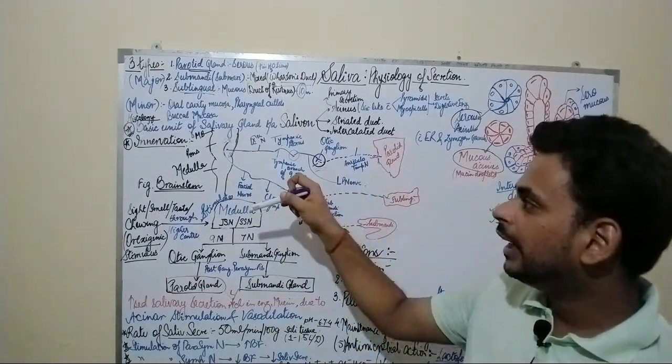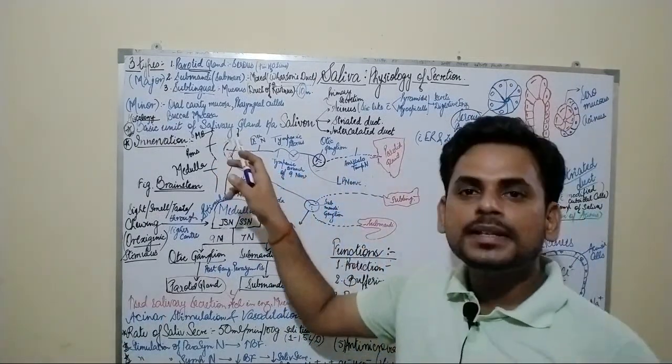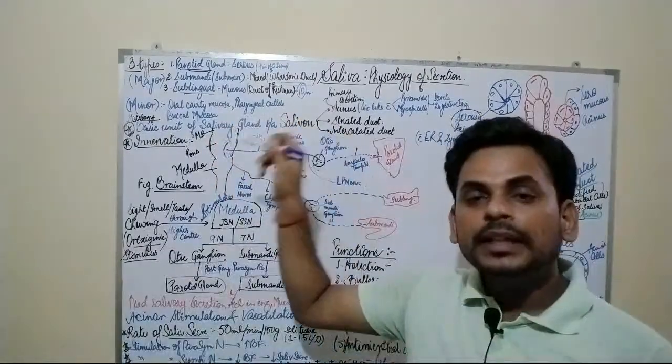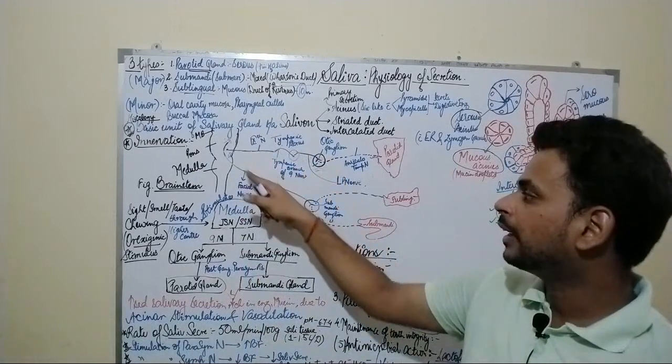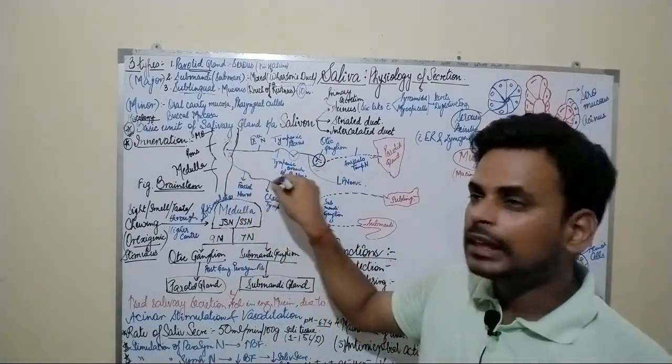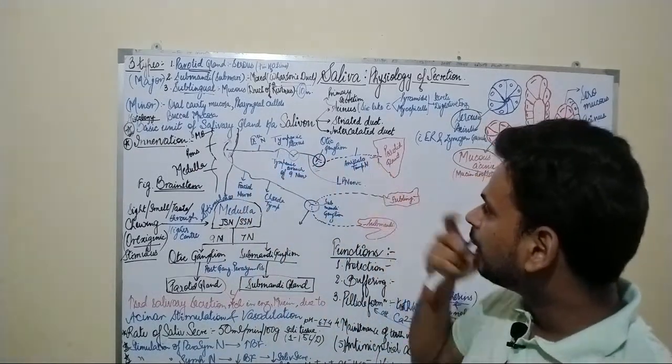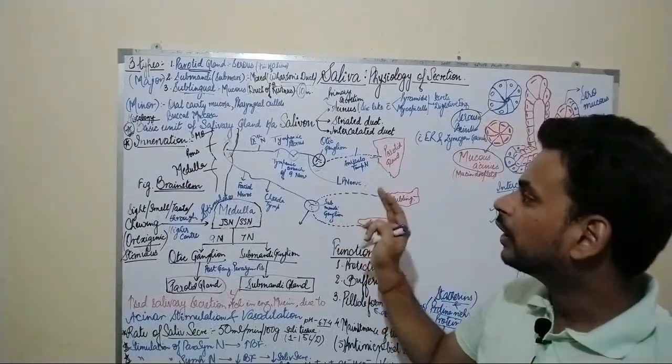Now moving on to the next, that is from the superior salivatory nucleus, the preganglionic fibers. I have drawn the preganglionic fibers in both cases with a thick line, whereas the postganglionic fibers I have drawn as dotted lines.